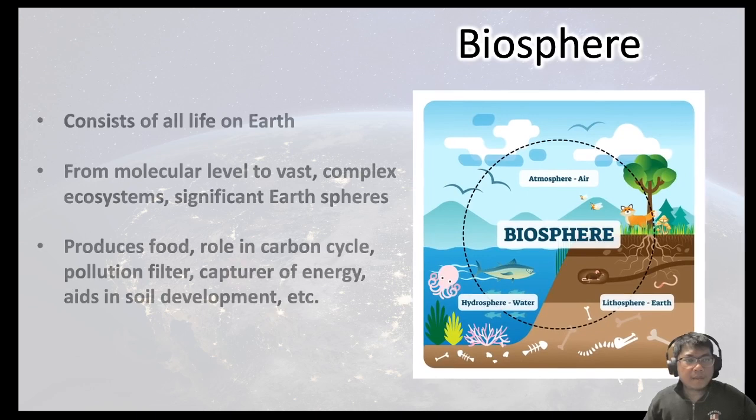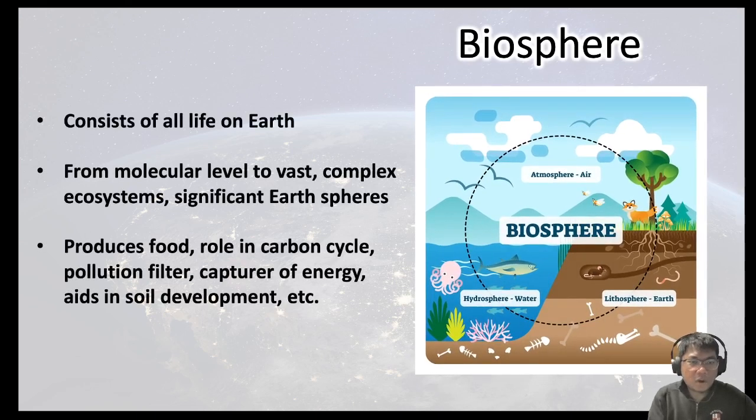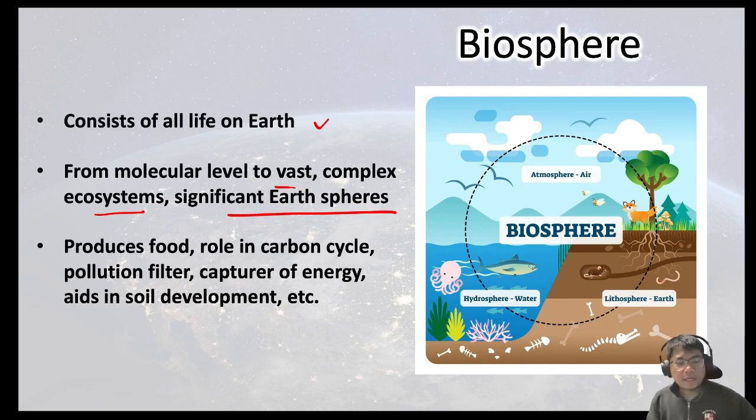The Biosphere consists of all life on Earth, from the molecular level to the vast complex ecosystems. It is important because it produces food, and it has such an important role in the carbon cycle. It also filters pollution, captures energy, and helps in soil development.